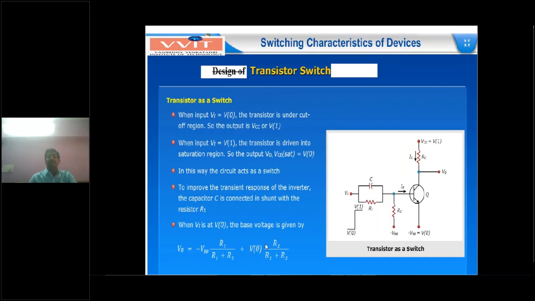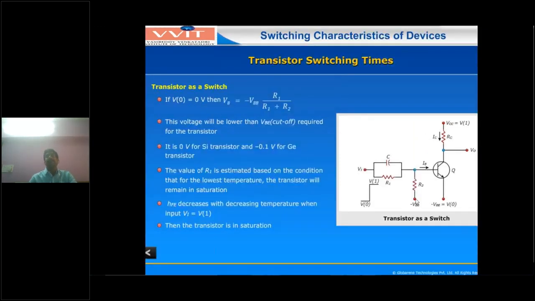But assuming V0 the input is at the lower level, 0, VB equals minus VBB into R1 by R1 plus R2. That means when the input is at the lower level, the transistor is in cutoff condition, and VB is a negative voltage.